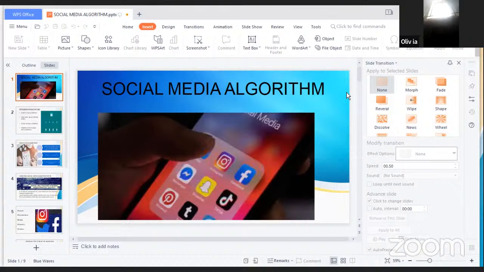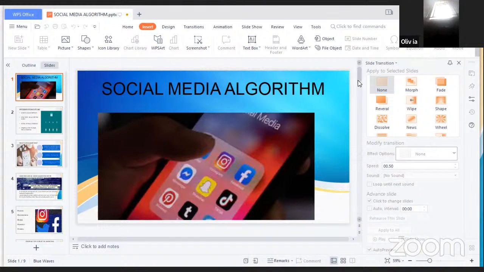Your engagement. Basically, it populates your likes, comments, and engagements on social media. Okay, populates.